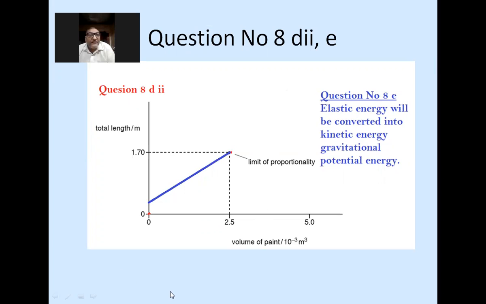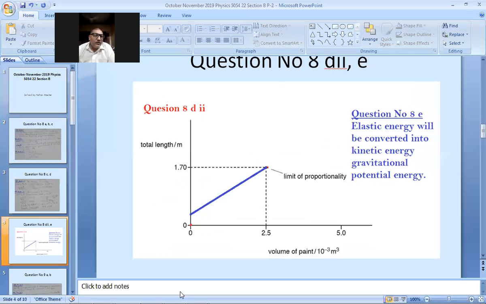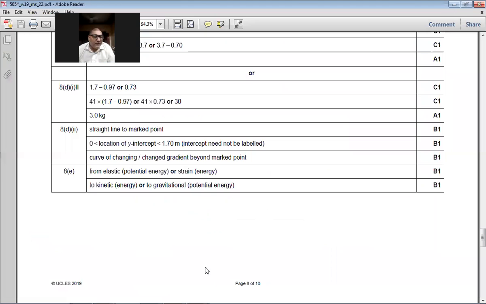Let's check the marking scheme. From elastic potential energy or strain energy to kinetic energy or to gravitational potential energy. It's very simple. So you have to tell the different forms of energy. It will have elastic potential energy, and that will convert into kinetic energy and gravitational potential energy. Hopefully you have understood. So that's it.